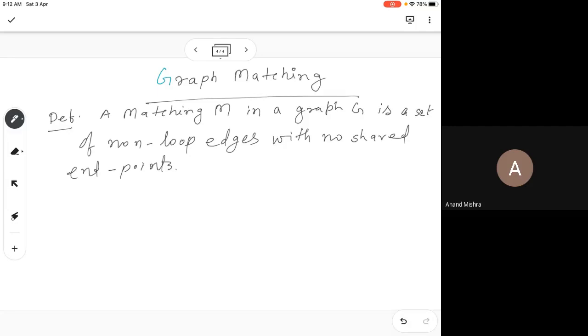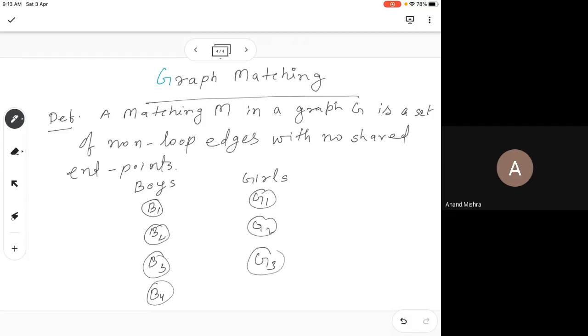If you look into the same example we were talking about, let's say you have a set of boys and a set of girls, and let's call them B1, B2, B3, and B4, and G1, G2, G3. Okay, girls are fewer, let's say. More typical IIT scenario perhaps, which is changing, which is good.